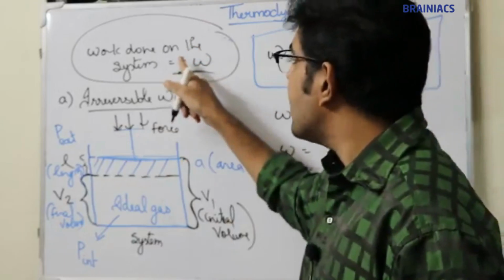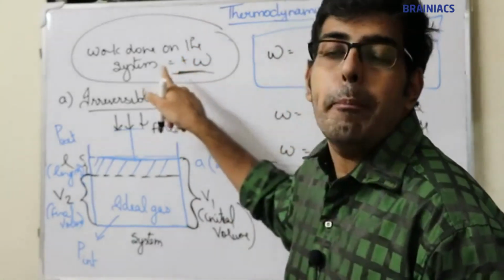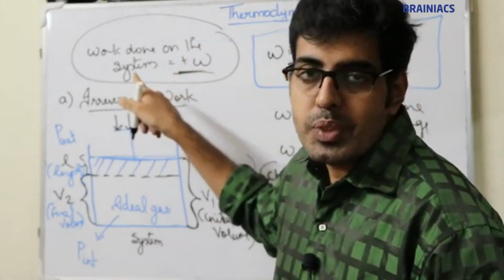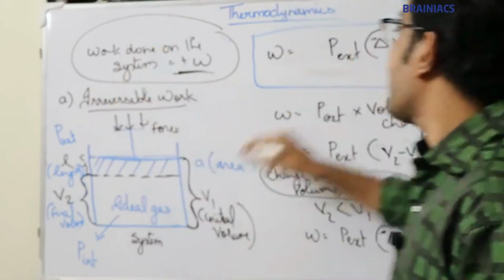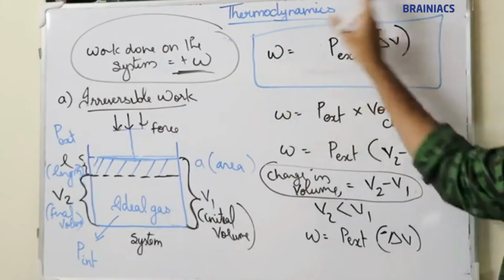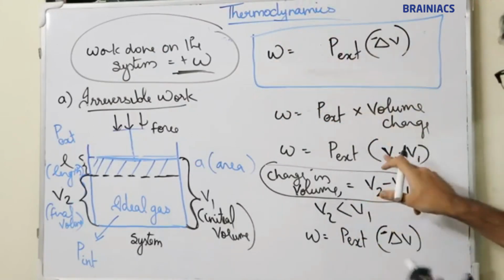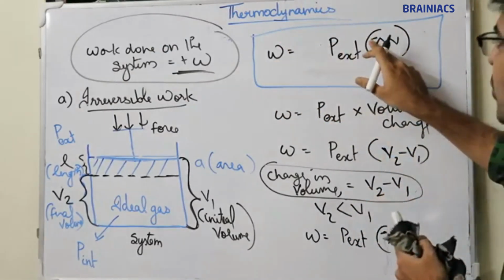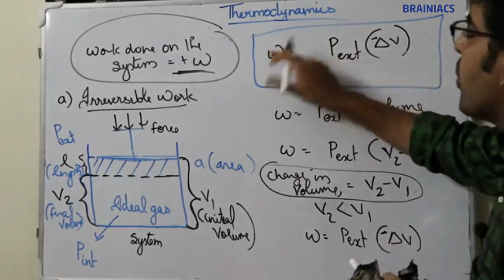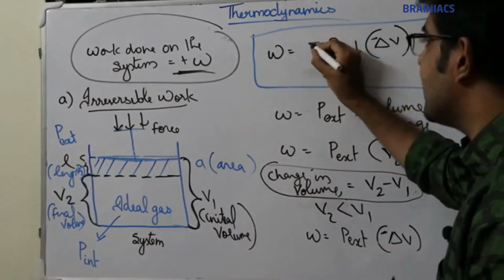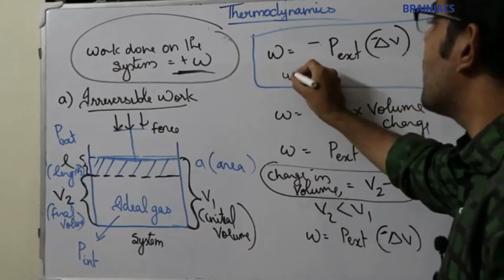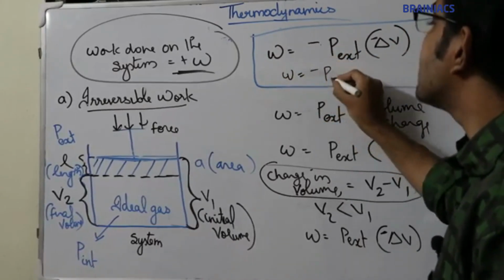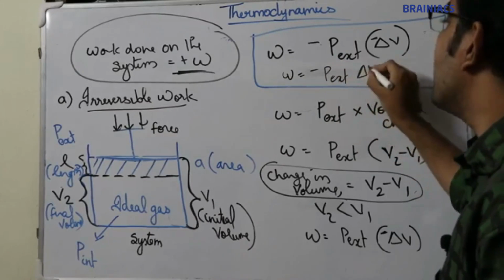For compression work the value should be positive. But when we calculate V2 minus V1, we will get a negative value. In order to make work positive, I am putting a minus here. Minus and minus you will get plus value. So the equation will be W is equal to minus P external into delta V.